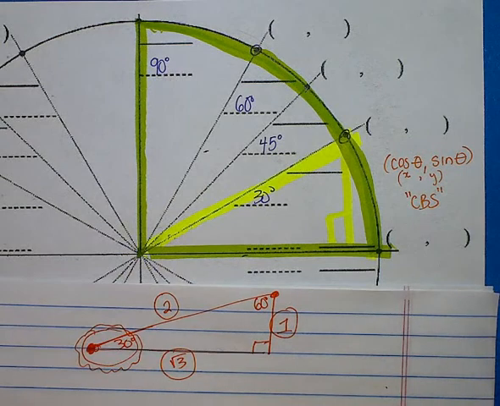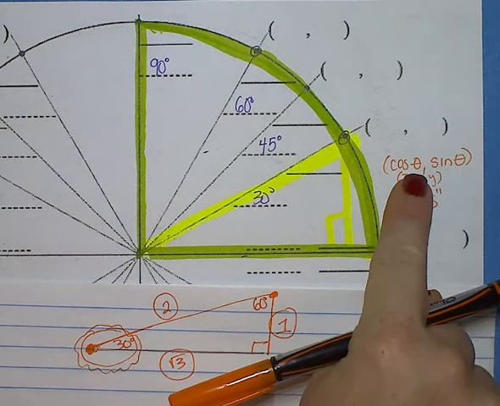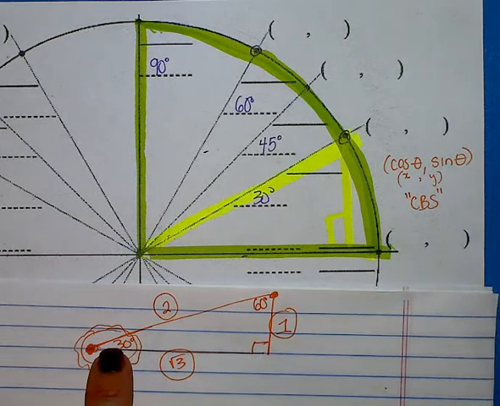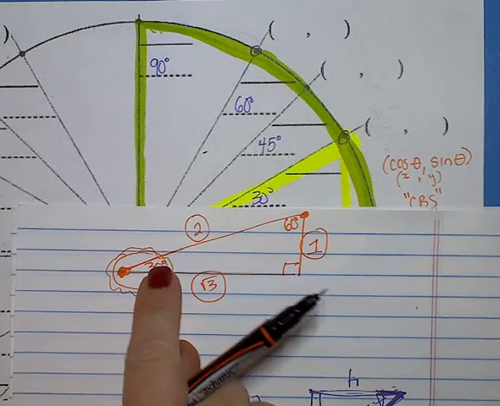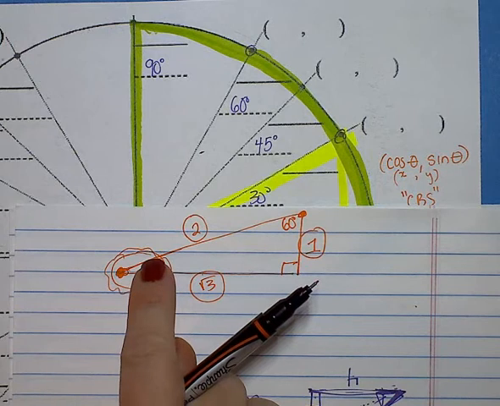So when I say the cosine, I'm referring to the cosine of 30. Okay, look at your paper. What does cosine of an angle represent? What over what? Think of SOHCAHTOA. Cosine is adjacent over hypotenuse. Okay, so from this angle, what length is adjacent?